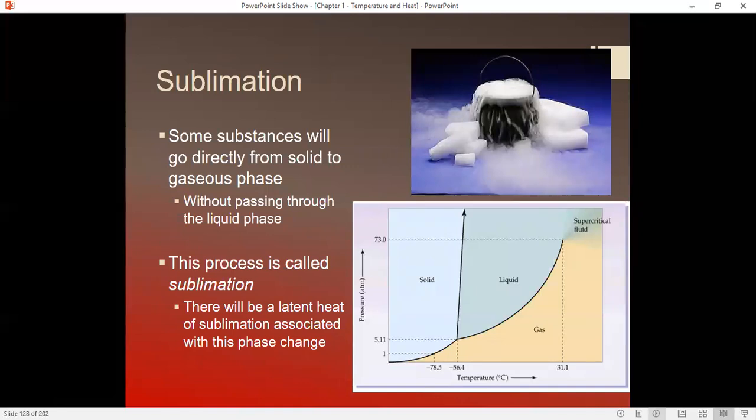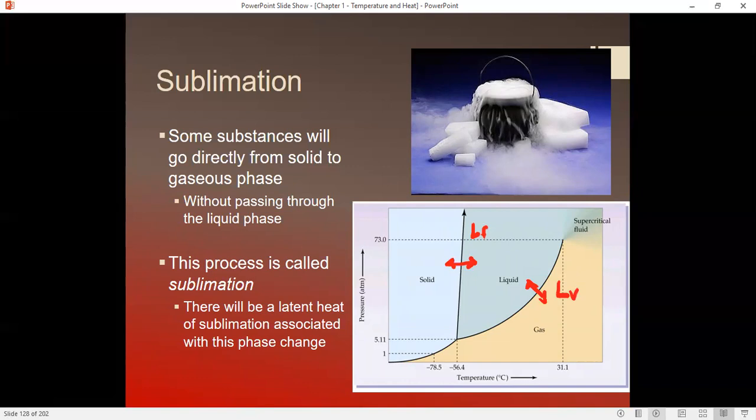Now, again, when we're talking about the latent heat of fusion, LF, we're talking about going from a solid to a liquid or a liquid to a solid. When we're talking about the latent heat of vaporization, it's liquid to a gas or gas to a liquid or vapor, whatever you want to call it.